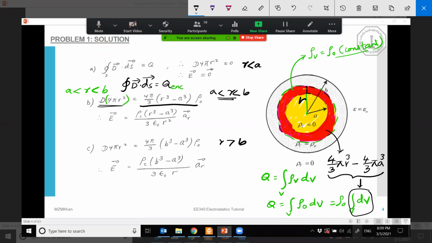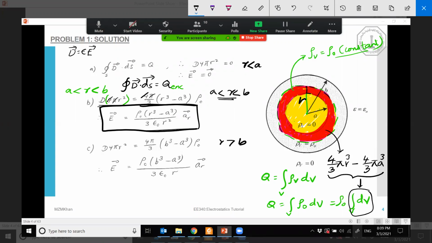Now if you do the simplification, 4 and 4 cancel, π and π cancel, and the relationship between D and E we know very well: D̄ is ε Ē. So Ē will be your D, which is this one, ρ_0 (r³ − a³) over 3ε_0 r², where ε_0 is coming from here because this is free space, and r² goes to the right-hand side. So this will be the electric field which will exist inside this region where you have a charge of ρ_0.